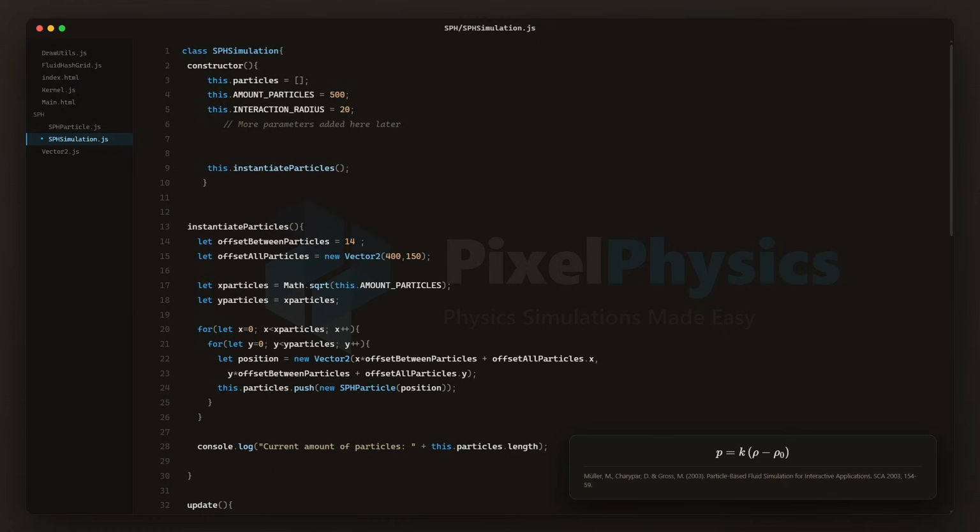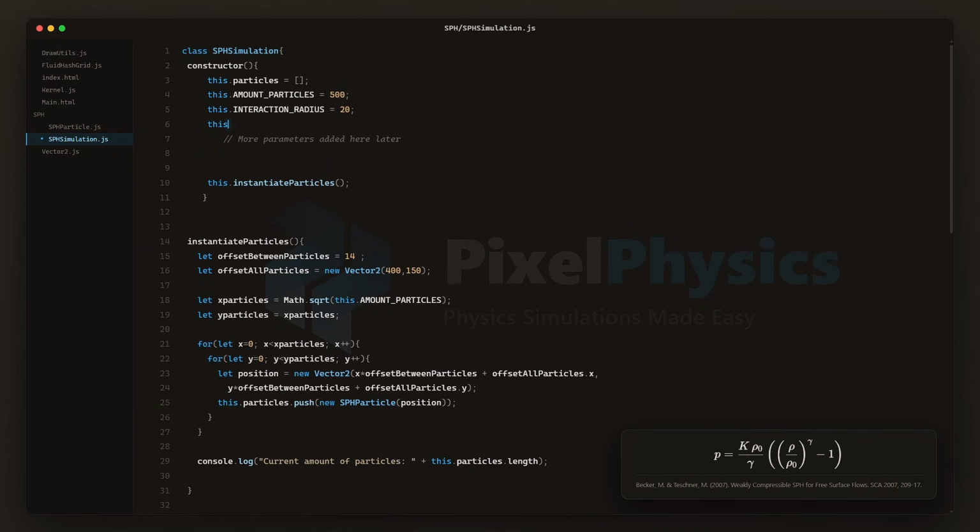We will implement the Tait equation, and you can see it right there on the bottom right, and this is the one we are writing. The constant in front, then the density divided by the rest density to the power of gamma, minus 1. At rest density, that bracket is 0, so a particle that is not squeezed has no pressure.